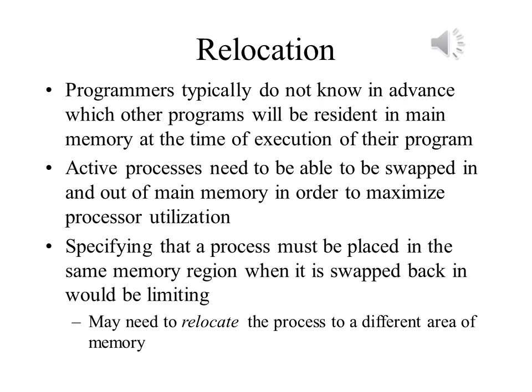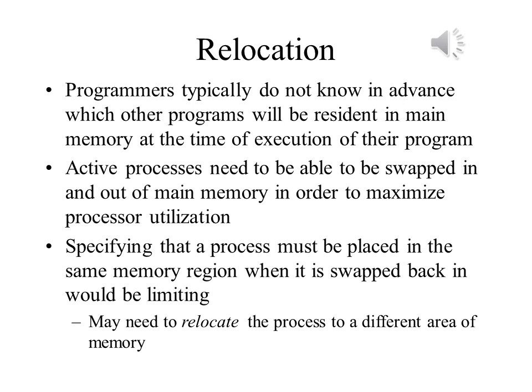In addition, we would like to be able to swap active processes in and out of main memory to maximize processor utilization by providing a large pool of ready processes to execute. Once a program is swapped out to disk, it would be quite limiting to specify that when it is next swapped back in, it must be placed in the same main memory region as before.